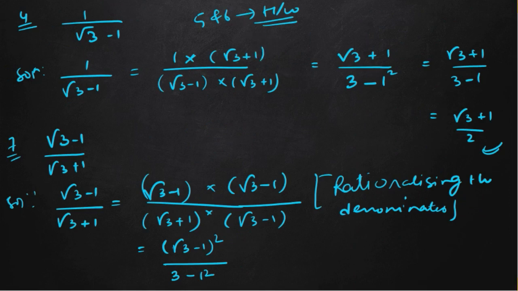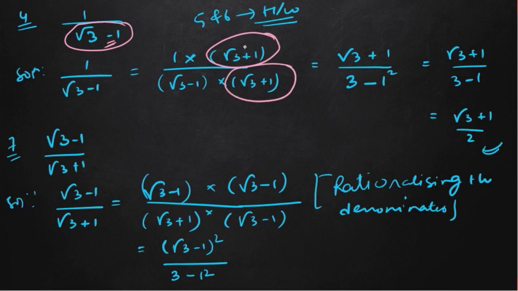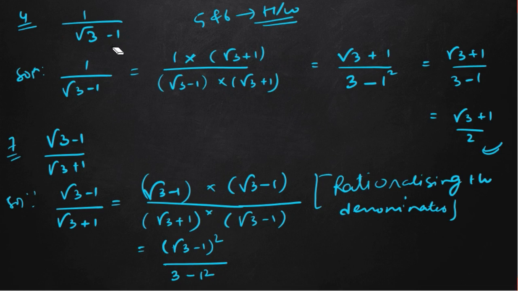So question number 4. You can see that in question number 4, again in the denominator we have two terms, but here the sign is negative. So we will multiply the numerator and the denominator with the positive sign. Clear? If it is positive, we multiply by negative. If it is negative, we multiply by positive sign. The formula will be the same; in the previous slide I have already written all the formulas.